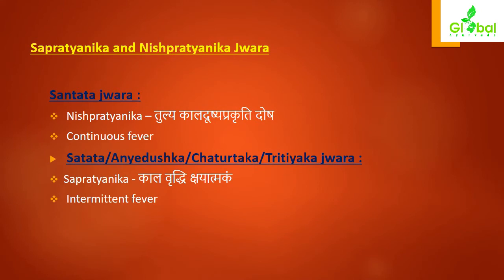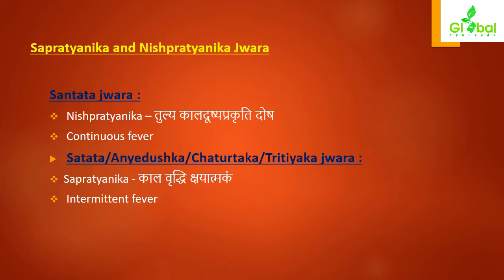In Sapratyanika and Nishpratyanika Jwara, especially Santata Jwara, we can consider first of all. It will be Nishpratyanika with respect to Tulya Kala, Dosha, Prakriti and Dosha, with the indulgence of equal participation.